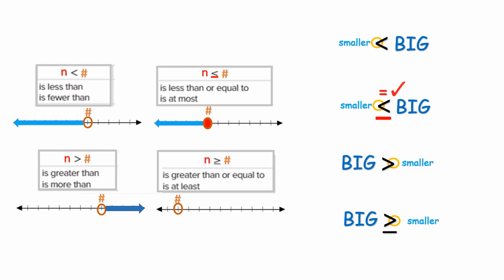So I'm going to circle where the number might be on the number line, and I'm going to ask, can it be equal to it? Well, it is underlined, so yes, it can be equal to it. So I'm going to shade in the circle. Then I ask, is my variable larger or smaller? My variable is anything that's equal to or larger than, so I shade it in.